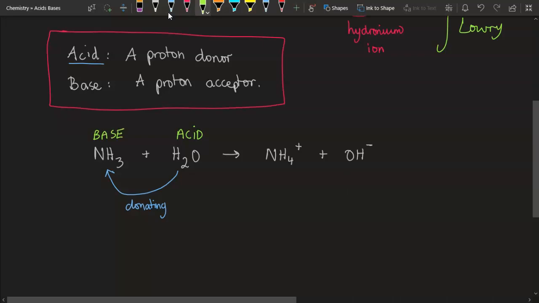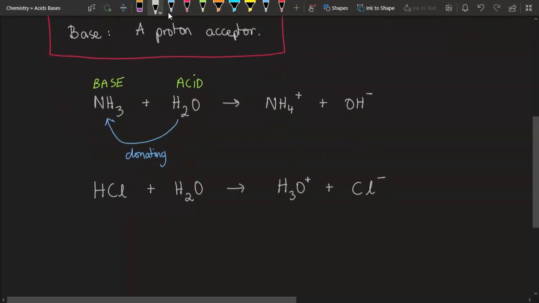If you look at the simple example that we had earlier on, which was HCl plus water, which is H2O, this forms H3O positive and chlorine ions, Cl minus. Again, same thing with this. What's happening here?